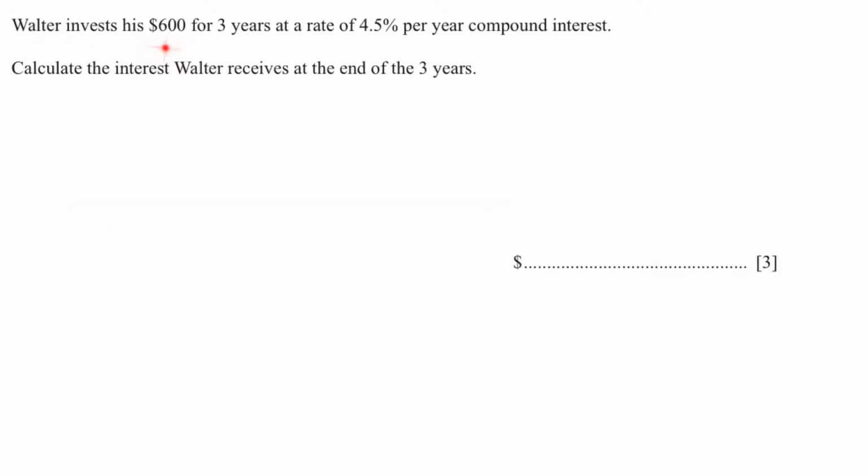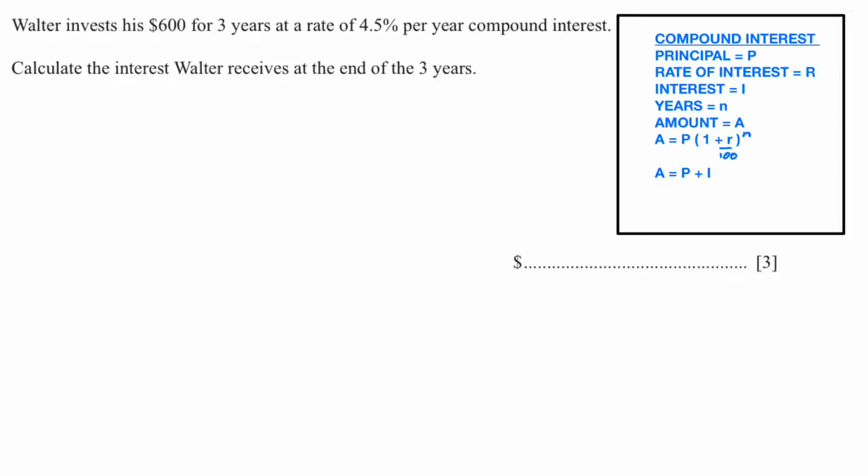Walter invests his $600 for 3 years at a rate of 4.5% per year compound interest. Calculate the interest Walter receives at the end of the 3 years. To find the compound interest, you need to know certain terms and the formula.